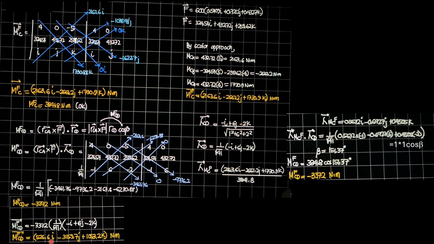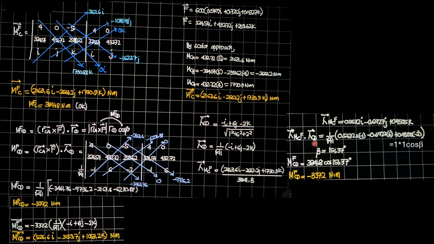So it is equal to 2163.6 divided by 3841.8, that's 0.5632I. Then negative 2661.2 over 3841.8, negative 0.6927J, and 1730.9 divided by 3841.8, that's 0.4505K.